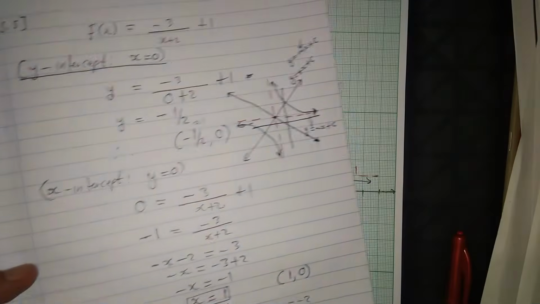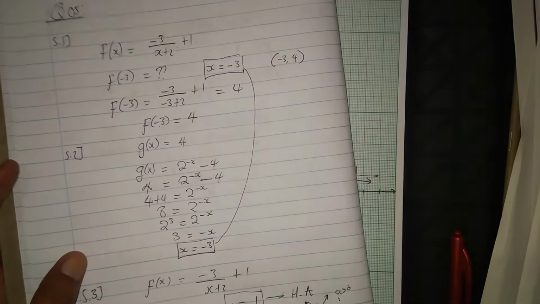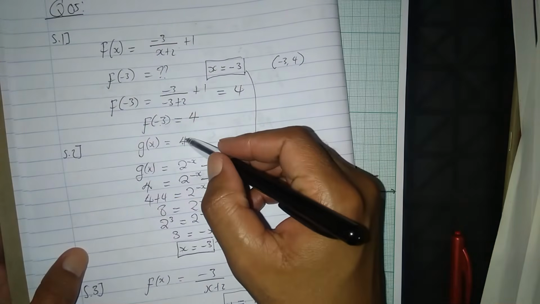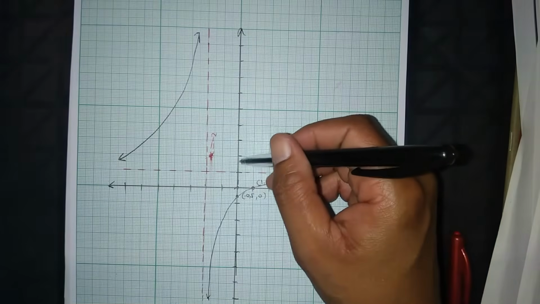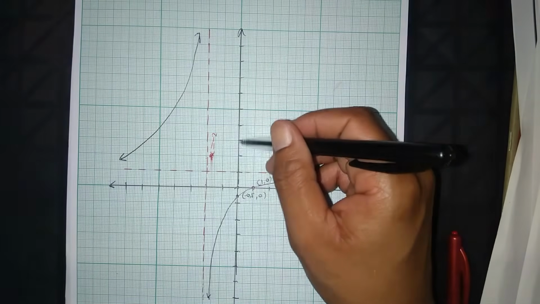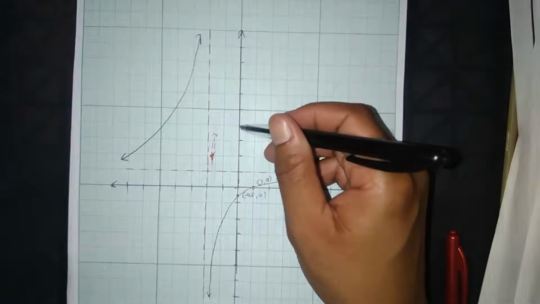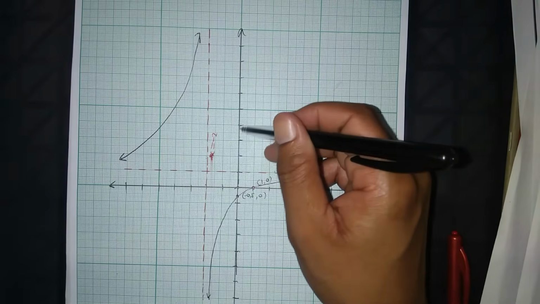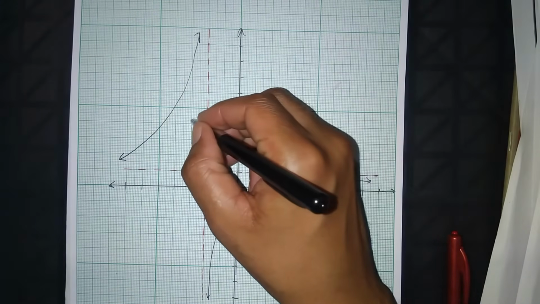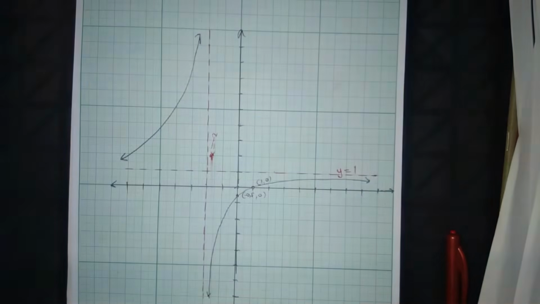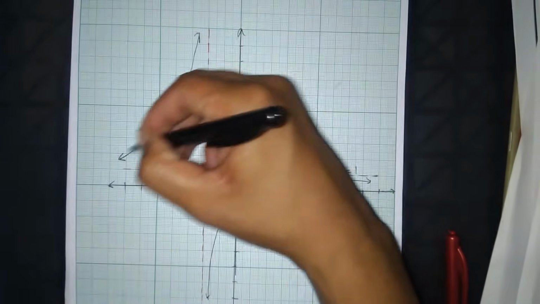Now just hold it like this. Okay, y equal to 4. 1 2 3 4. 1 2 3, 1 2 3 4. Okay, this graph must be here. But anyway, so I will draw this part.